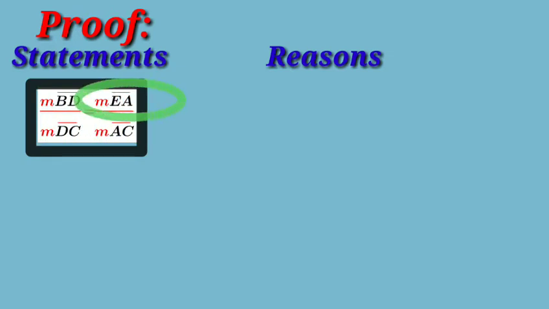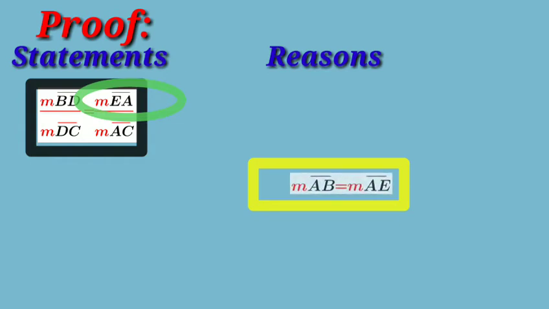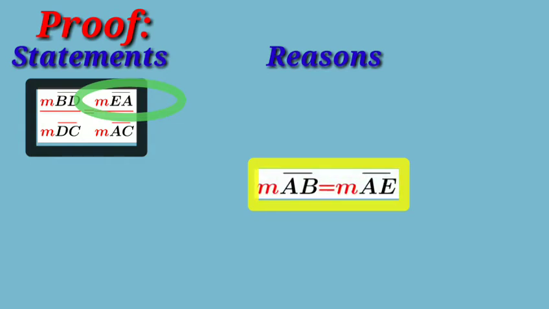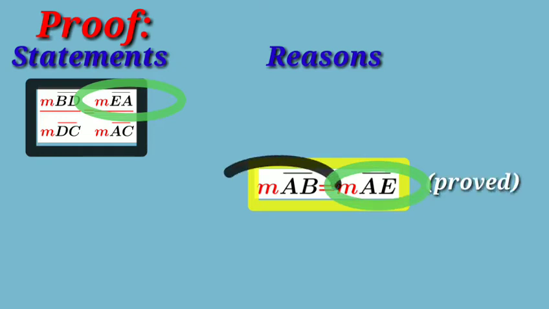On putting the value of side EA, side EA is equal to side AB, which we have already proved.